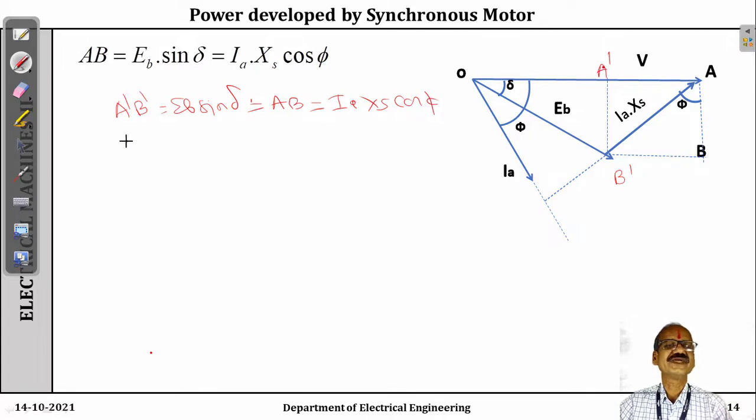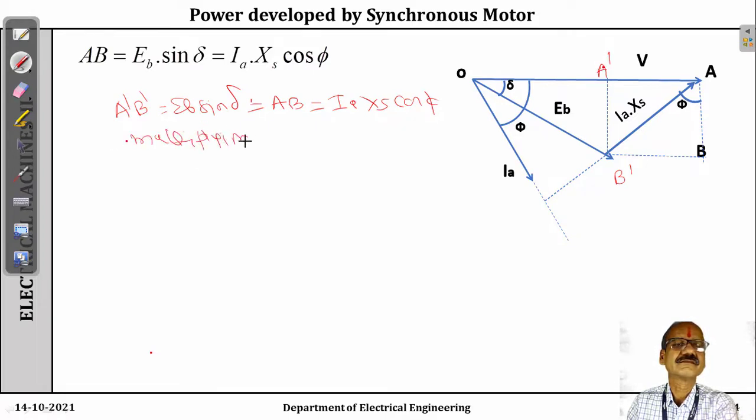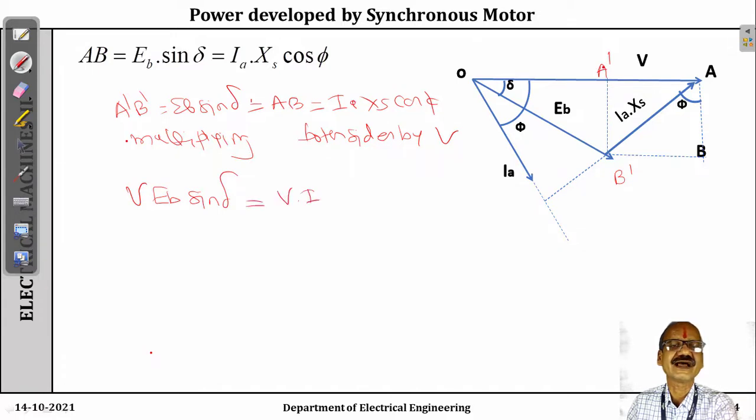Okay, so from this, multiplying both sides by V, therefore V E_b sin δ equal to V I_A X_s cos φ. So V I_A cos φ equal to V E_b sin δ divided by X_s.